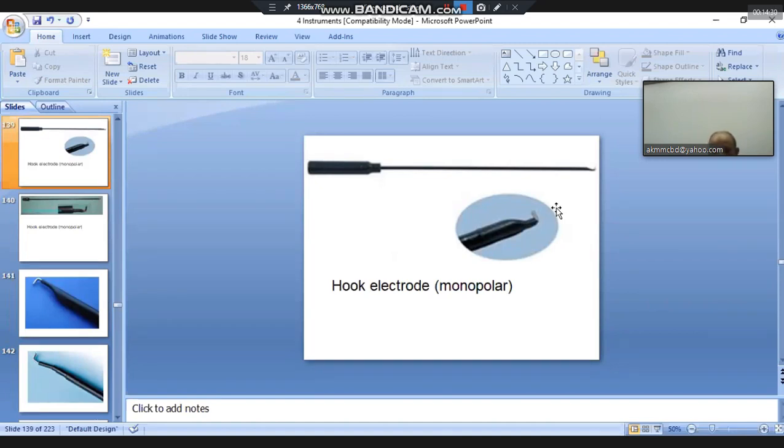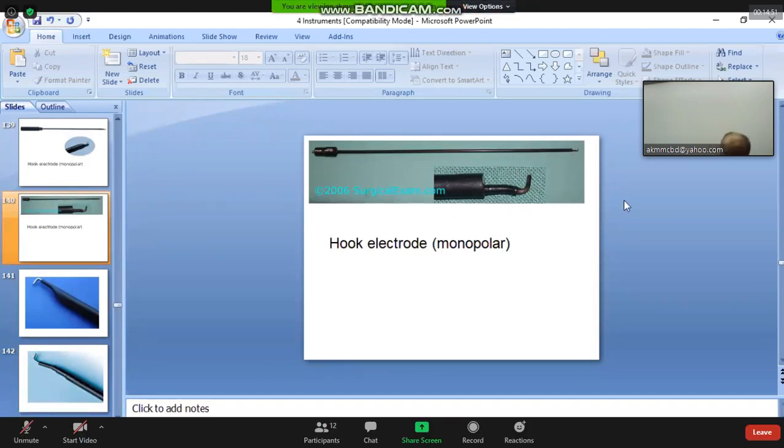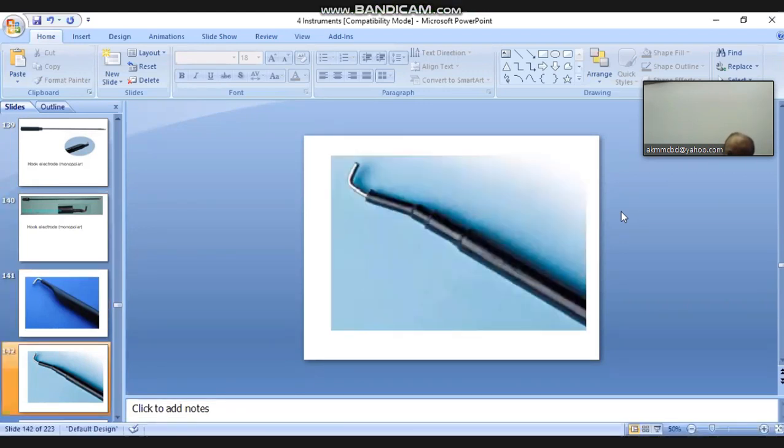Monopolar hook, monopolar diathermy, etc. This is a diathermy instrument. The same instrument; I am just showing you to understand the tip.